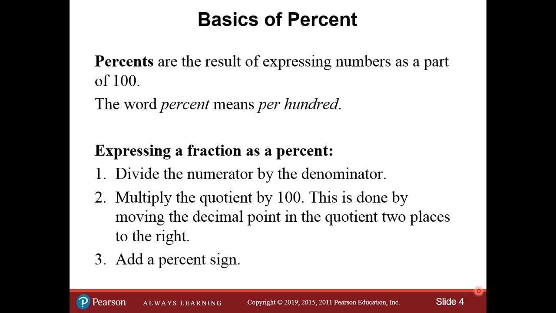So you're just multiplying by 100, which is just moving the decimal place to the right 2 spots, and then you just add the percent sign. And so it's that easy. You divide, and then you multiply by 100, and then you add the percent sign. Or in other words, just divide the numerator by the denominator, move the decimal point to the right 2 spots, and then add the percent sign.